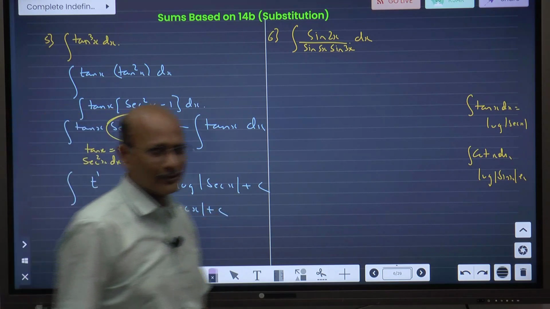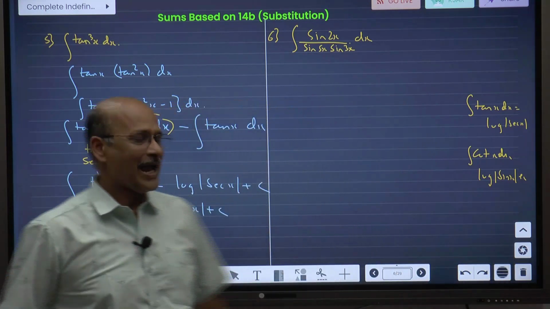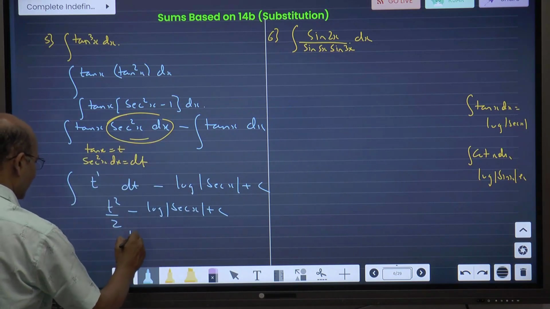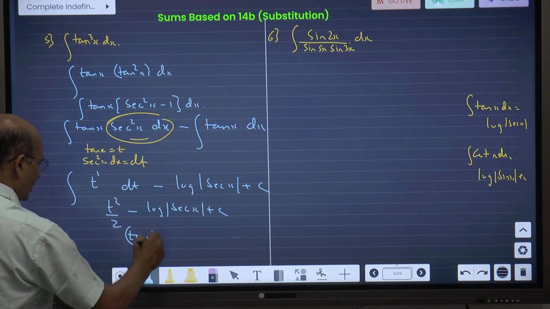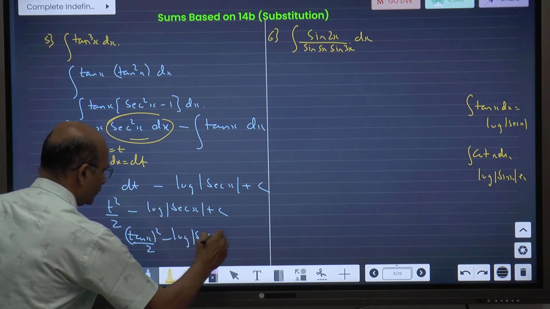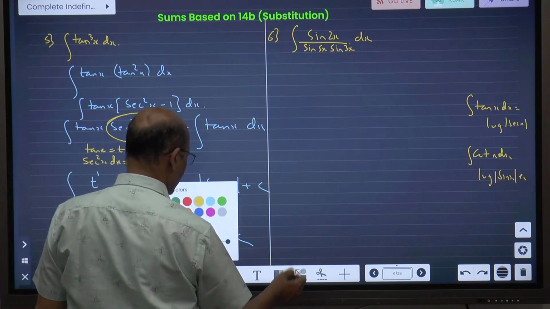I think this should not confuse you all, should not bother you all. It's a simple thing. I think everybody can understand this. So what is t? Replace t. That is nothing but tan x whole square upon 2 minus log of sec x plus c. So this is exactly what the answer will look like.